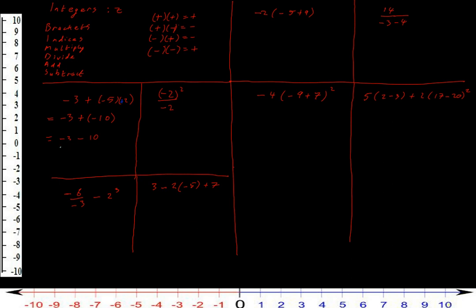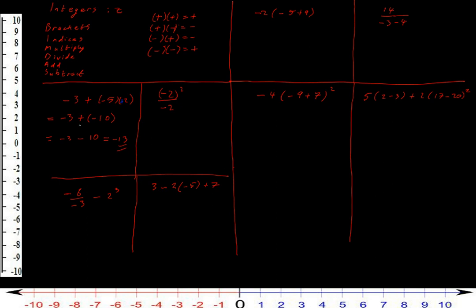I'm going to start at -3, and I'm going to get 10 smaller, 10 colder, if I remember back to my idea of my thermometer. So I'm at -3, it's already a very cold day, and I get 10 degrees colder. I get 10 degrees minus. So I'm going to end up all the way down at -13 degrees. So I have -13 as my answer.